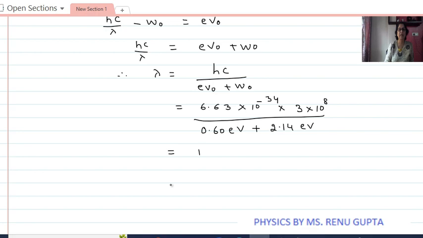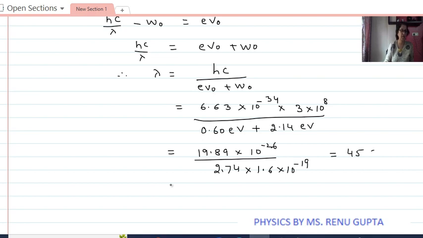Now I multiply 6.63 by 3, that is 19.89 into 10 to the power minus 26, divided by 2.14 plus 0.6, which is 2.74 electron volt. Now I put the value of e, that is 1.6 into 10 to the power minus 19.